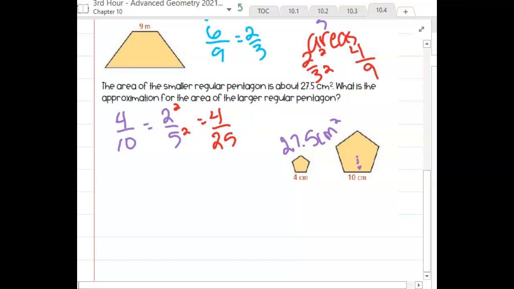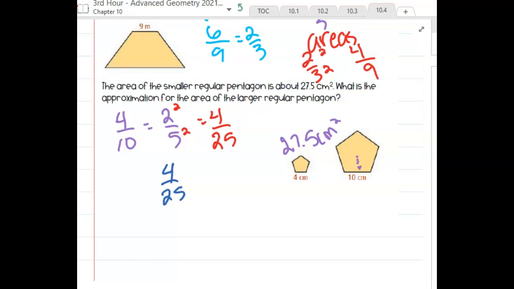Okay, here's what we're going to do with this. I have this ratio 4 to 25, which means the smaller pentagon, okay, if I were to write the area of the smaller pentagon over the area of the larger pentagon, and I were to reduce it down, I would get 4 over 25. Okay?